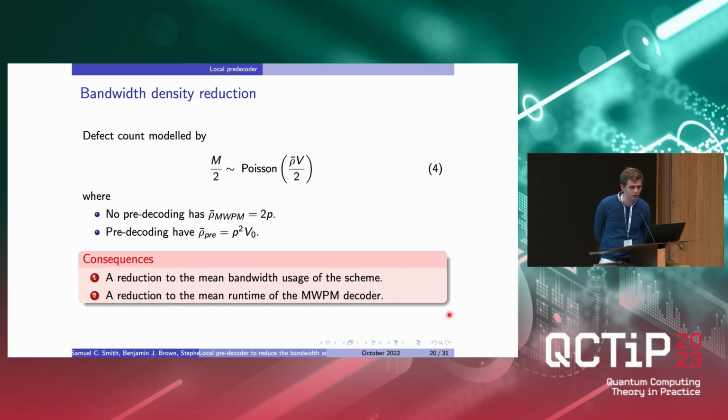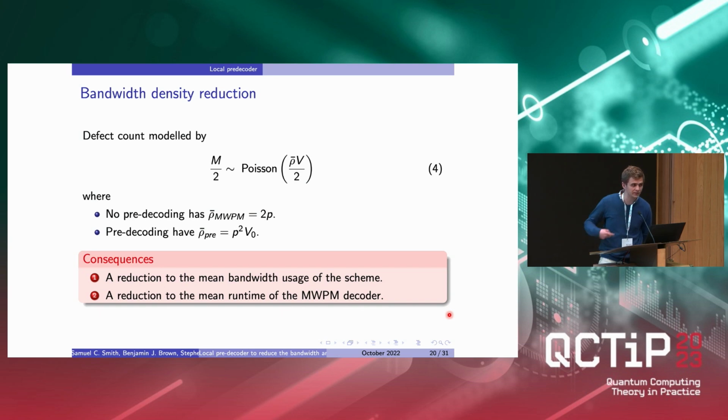Only then will the pre-decoder fail to clean that up. We call this an order p squared event as opposed to an order p event because it occurs with probability p squared. So we're expecting a reduction in the defect density by a factor of p.